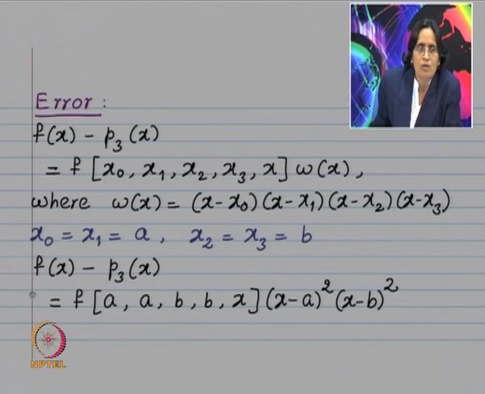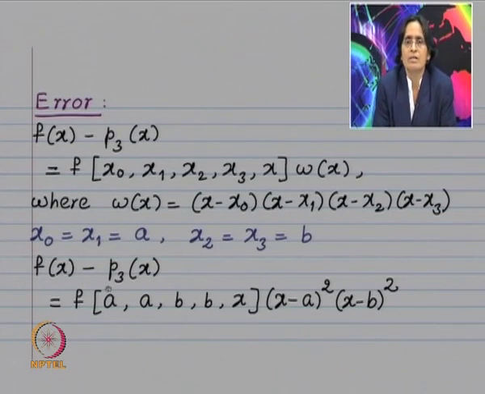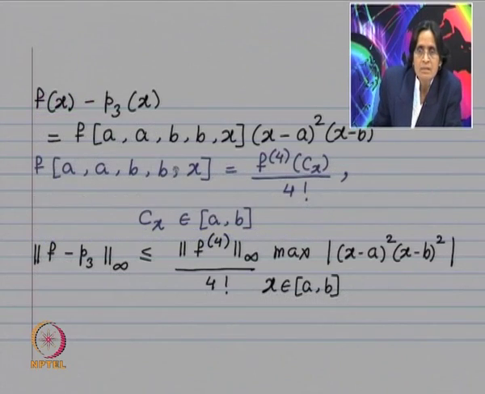Now, let us calculate the infinity norm of f minus p3, that is the maximum norm, the maximum of modulus of f(x) minus p3(x) over the interval [a, b]. This divided difference is going to be the fourth derivative evaluated at some point c, which depends on x, divided by 4 factorial.